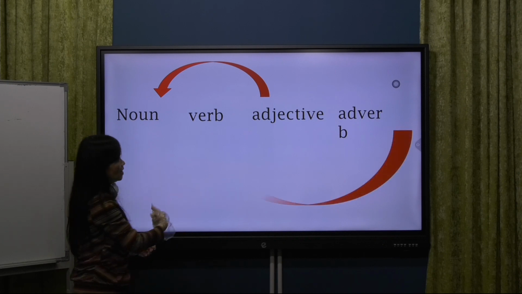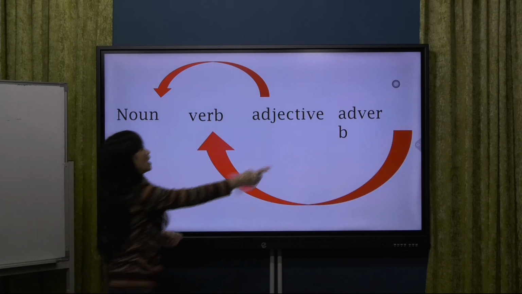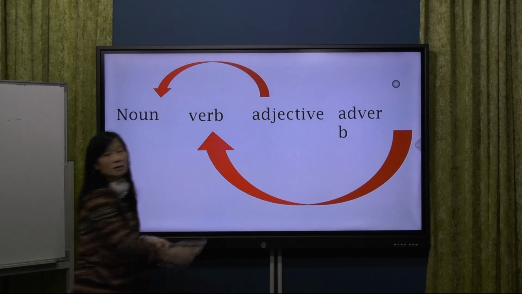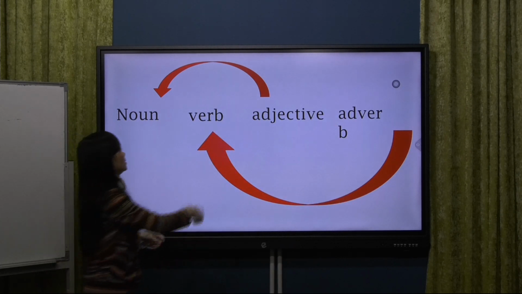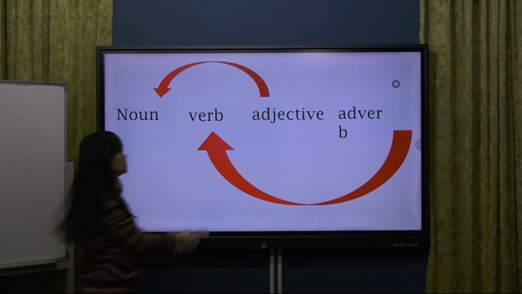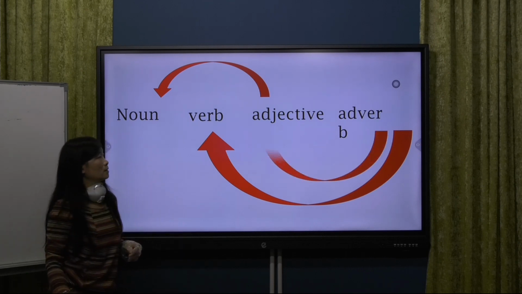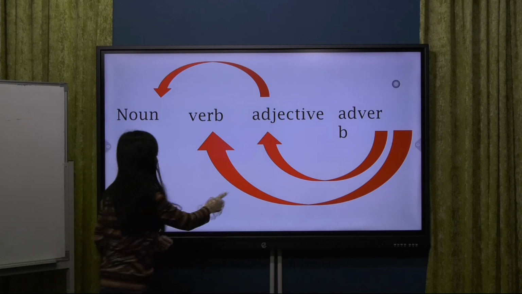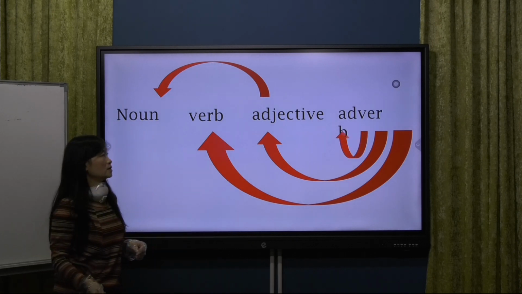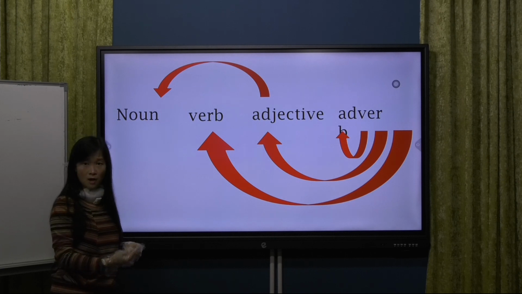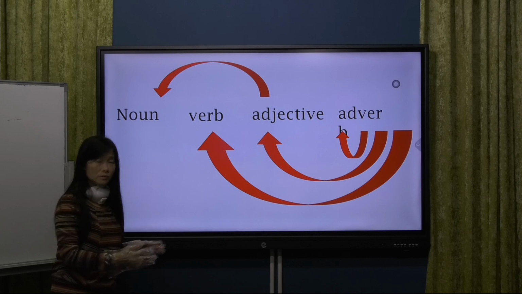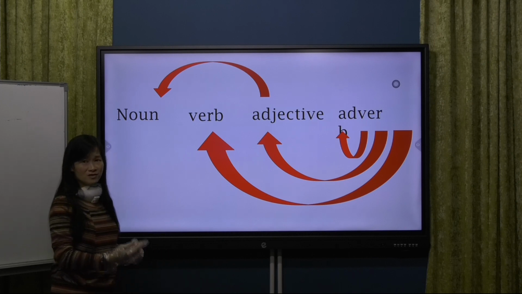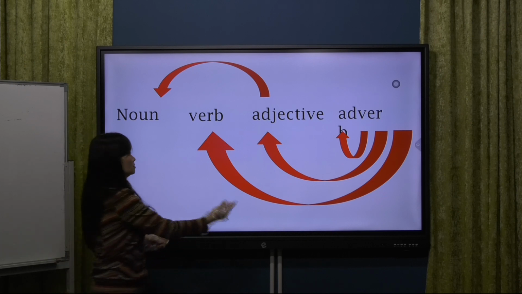And adverbs, ADV, tell you more, describe the verb. And also, it tells you more about the adjective. And also, it tells you more about another adverb. Are you okay with this whole picture? So this is what the four kinds of vocabulary are.